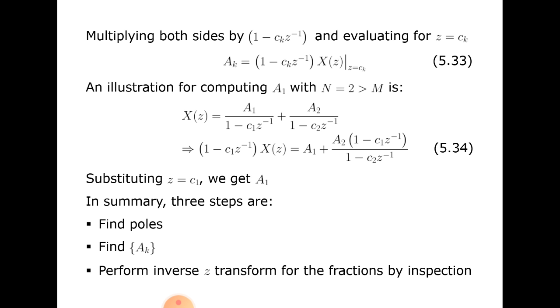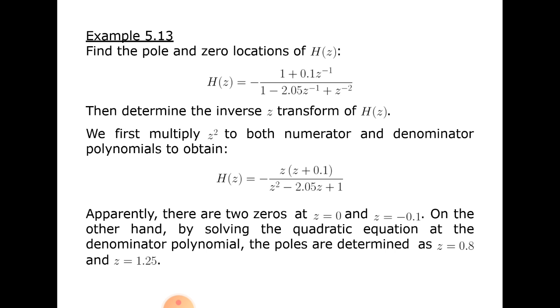Multiplying by 1 minus c1 into z power minus 1, we get 1 minus c1 z power minus 1 into x of z equal to a1 plus a2 into 1 minus c1 z power minus 1 divided by 1 minus c2 z power minus 1, and substituting z equal to c1 we get a1. These are the steps: first find the poles, find ak, and perform the inverse z transform of the fractions by inspection, and find the pole and zero locations.